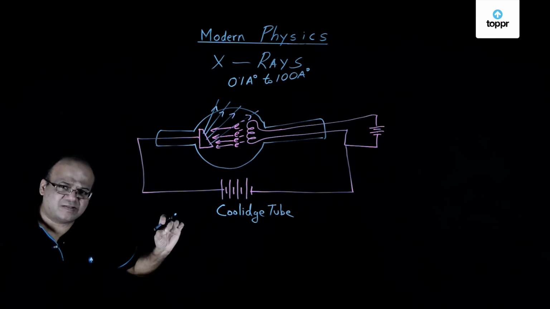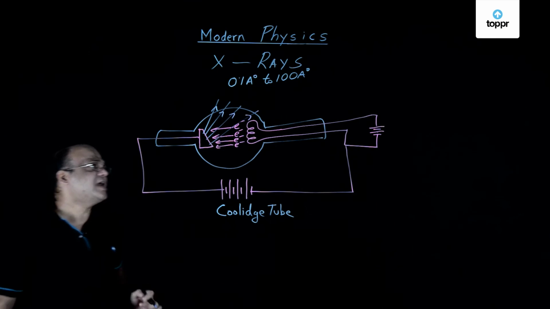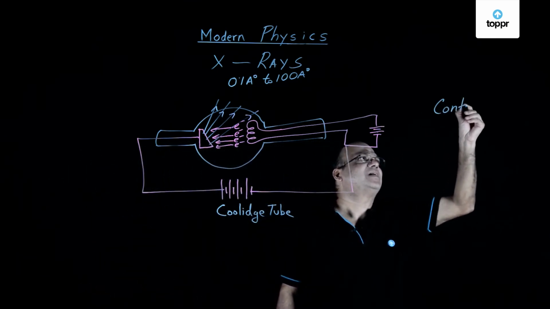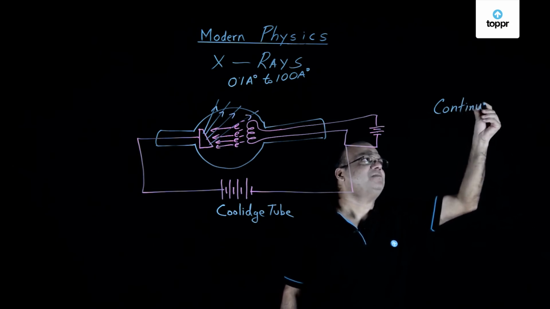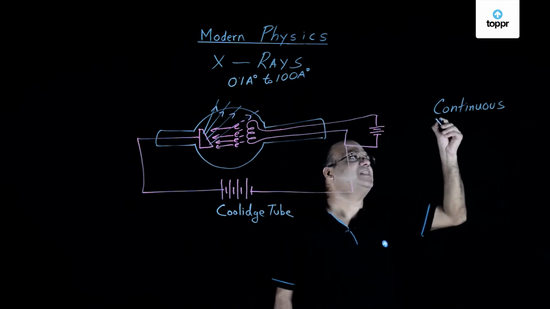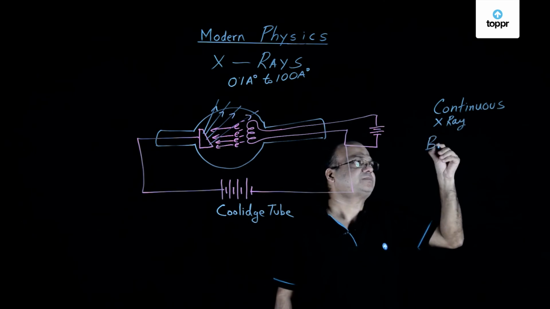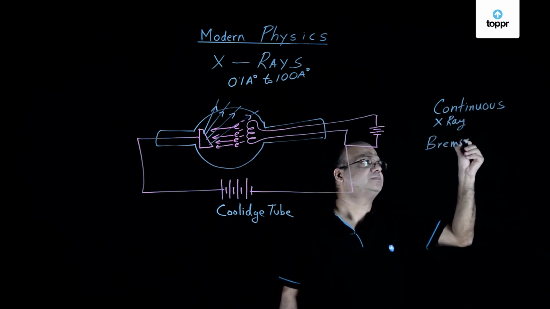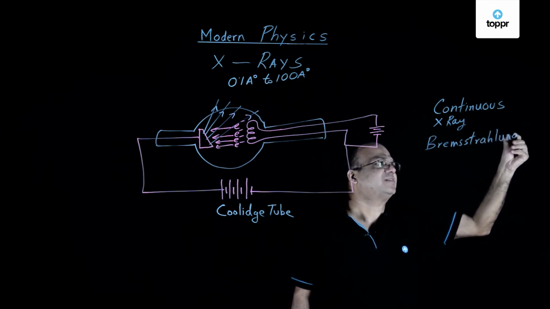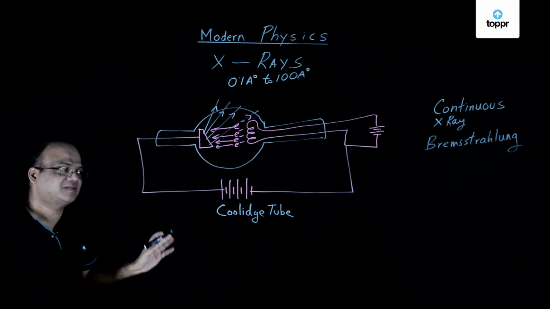The X-rays produced by deceleration of electrons are called continuous X-rays. They have got a German name because Röntgen was a German scientist. These continuous X-rays are called Bremsstrahlung. These continuous X-rays are produced due to deceleration of electrons.